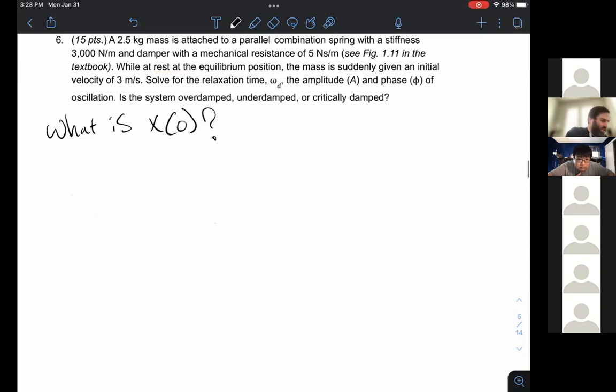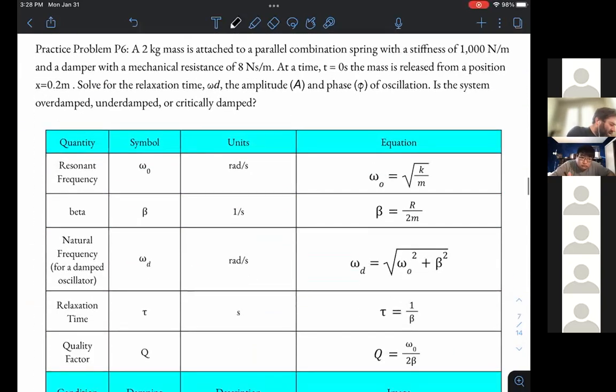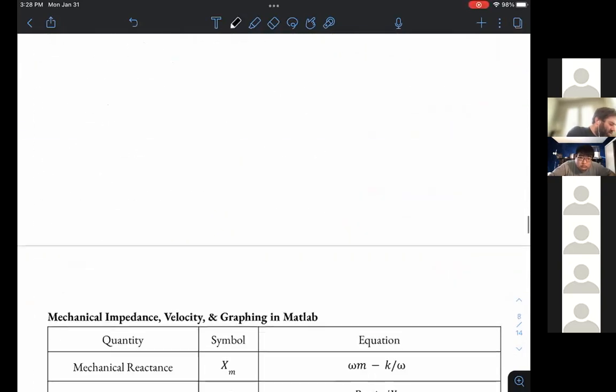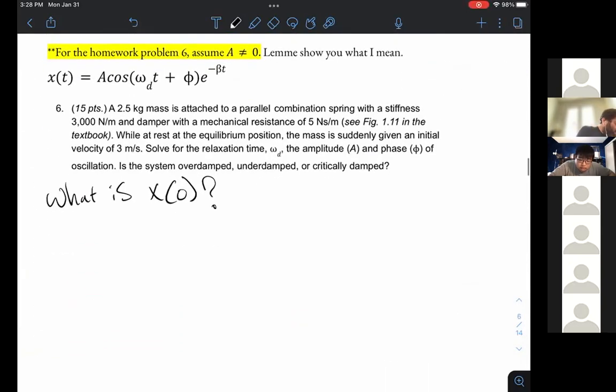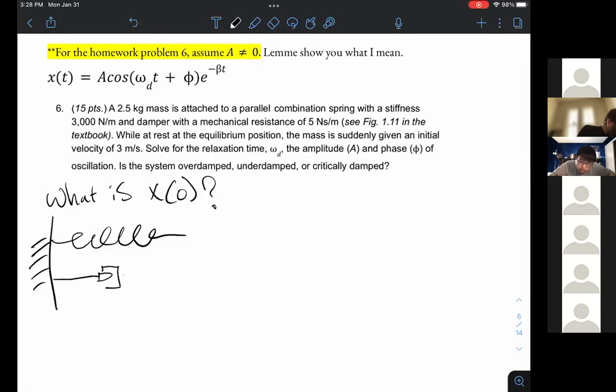The system looks like this if we draw it out. We've got a spring, we've got a damper, and we've got a mass. That's our system, and we've dealt with it before.